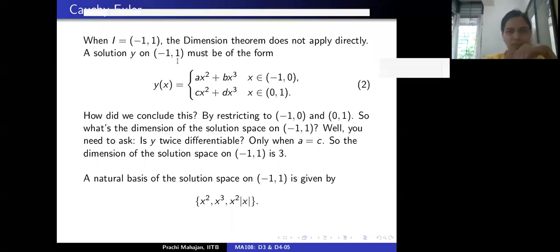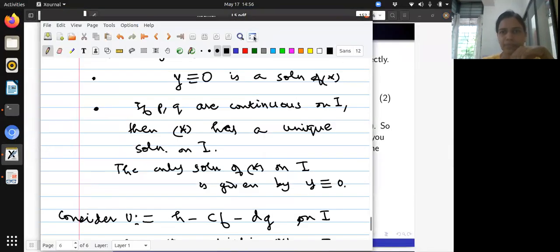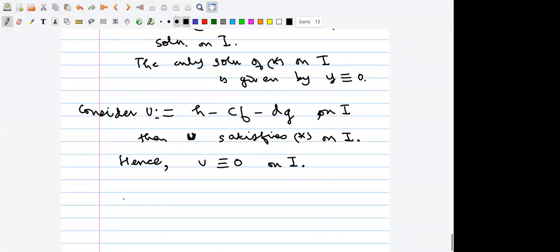Okay, so let me write down what you're saying. 0 is linearly dependent with every other vector, so it cannot be a linearly independent solution, if that's the doubt. No, he's not saying 0 identically. He's saying x cube and then 0.